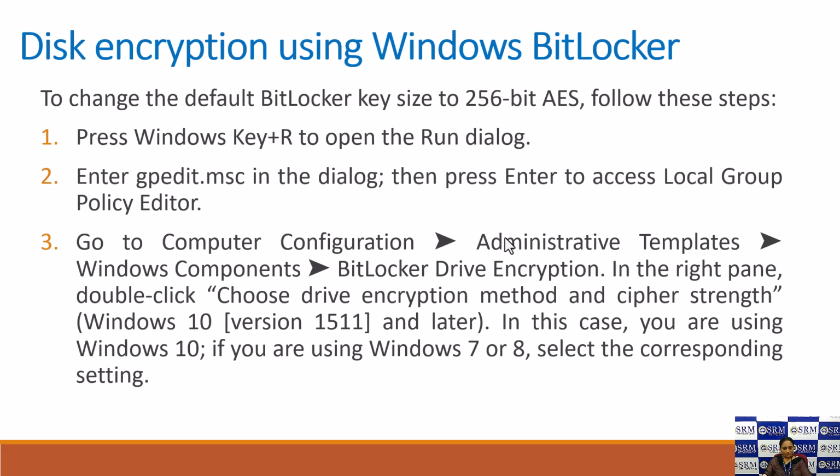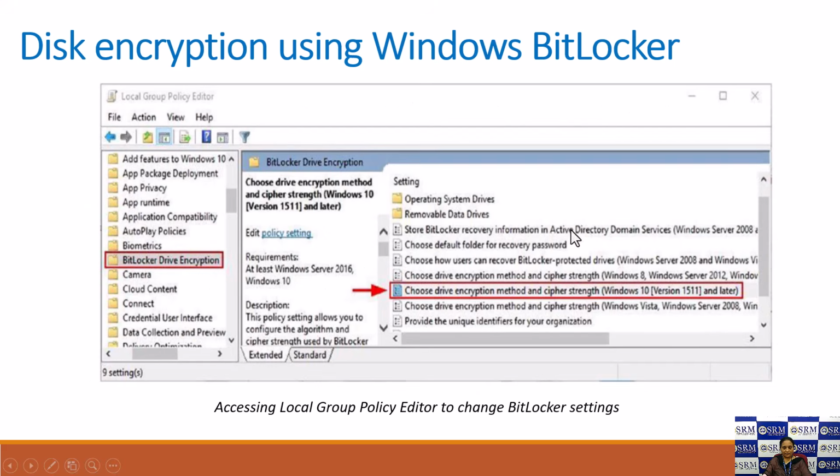Go to Computer Configuration, Administrative Templates, Windows Components, BitLocker Drive Encryption. In the right pane, double-click Choose drive encryption method and cipher strength. If you are using Windows 10, choose that; if you are using Windows 7 or 8, select the corresponding setting. Like this, you have to choose and then move on.